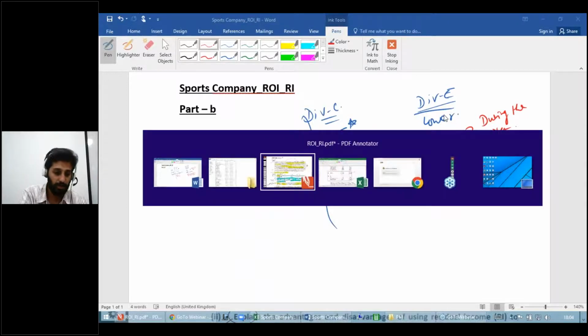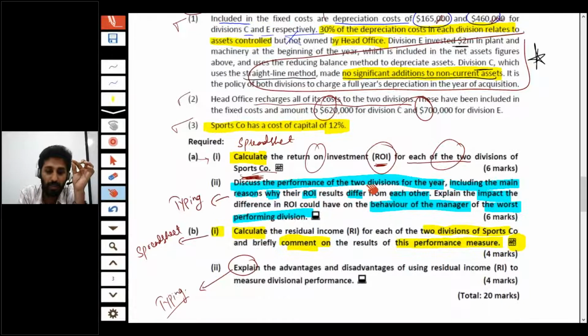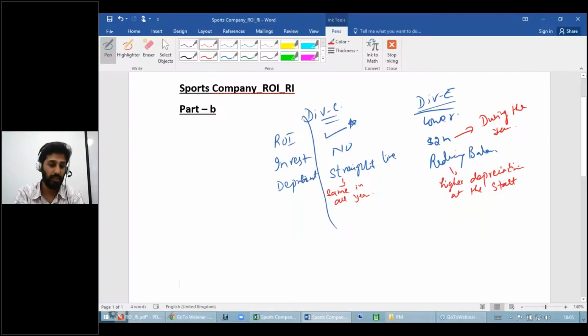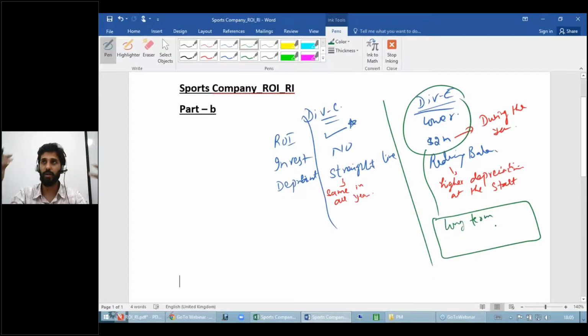Now see, discuss the performance of the two divisions, including the main reasons why ROI results differ from each other. These are the reasons. This particular division E is making the investment, and this division is thinking for the long term.